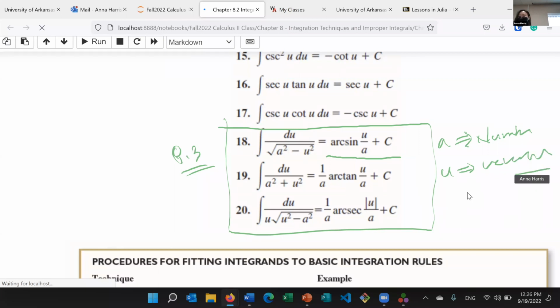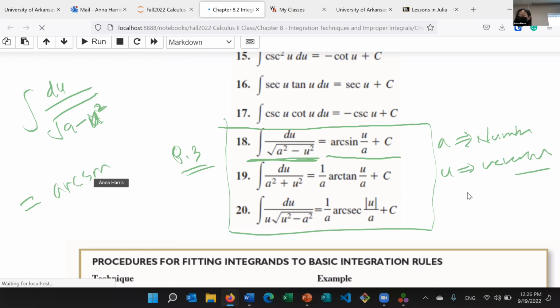Okay. So if I give you this, let's make an example. Then what's that equal to? Apply that formula. What's that equal to? So I'm using our example 18. So what's that equal to then? Arc sine. U is, what is my u? Just use u.